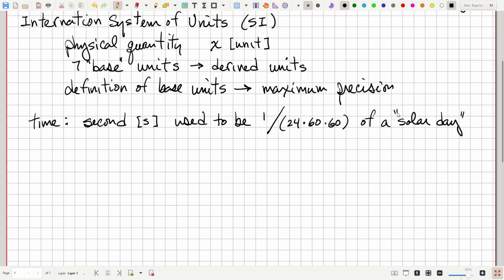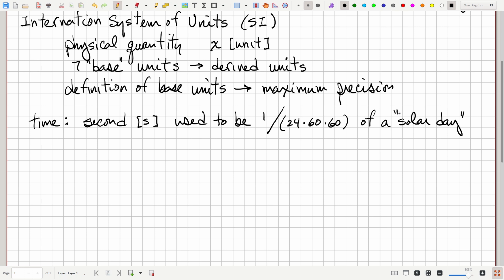What is a solar day? That's the amount of time it takes the sun to go from the same position in the sky, say at noon, when it's highest above the horizon, and then we go a full day when the sun comes back to its original position.